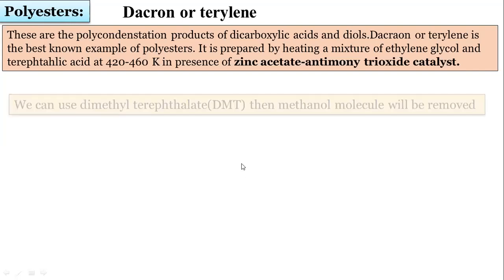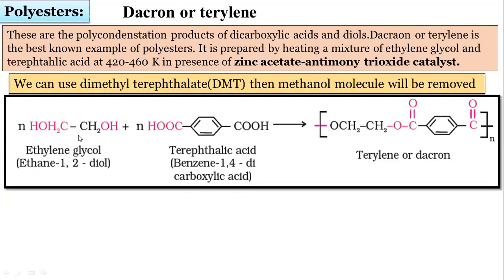See, by taking an example, it is very easy to explain. This is ethylene glycol. Another name of ethylene glycol is ethane 1,2-diol. This is an alcohol having two OH groups, a dihydric alcohol.